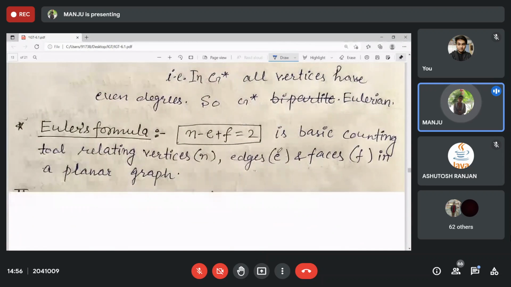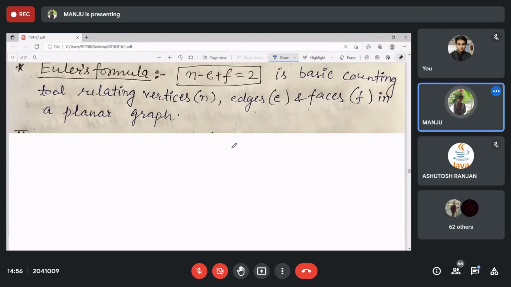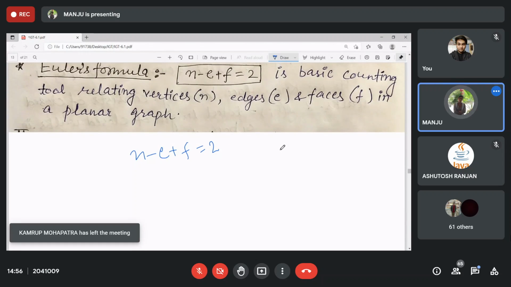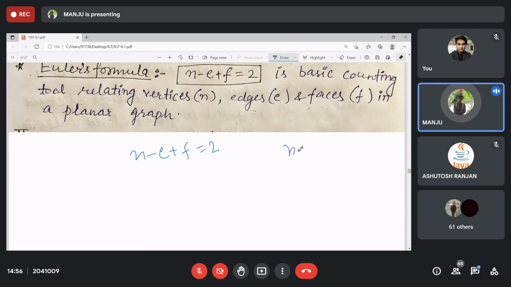Yeah, next was Euler's formula for a connected planar graph. If it is planar, you can draw it as a plane graph. And for a plane graph, you know about F, right? For a connected one, you have the relation between N, E, and F: N minus E plus F is always 2 for a connected one. In general, for a disconnected graph with k components, N minus E plus F will be k plus 1.